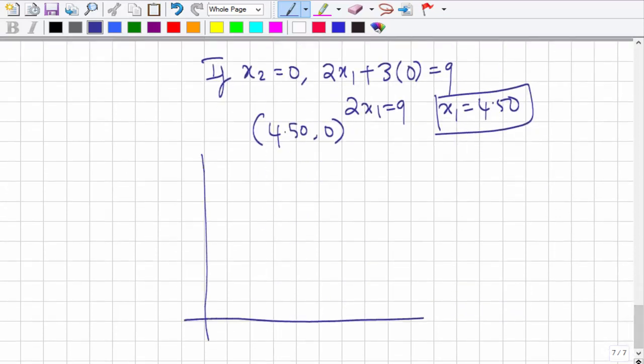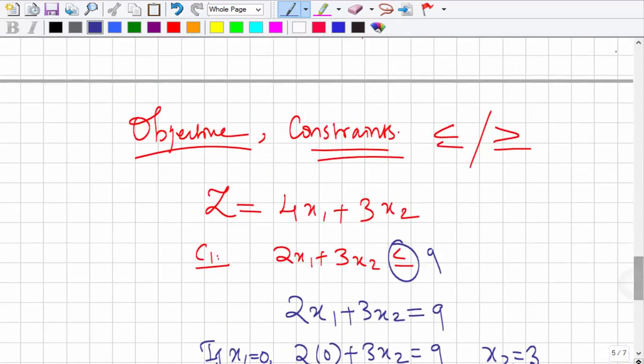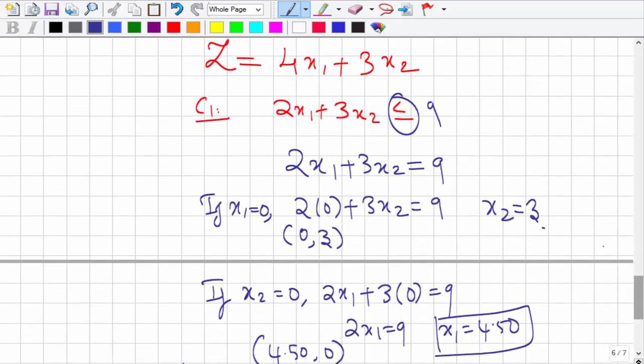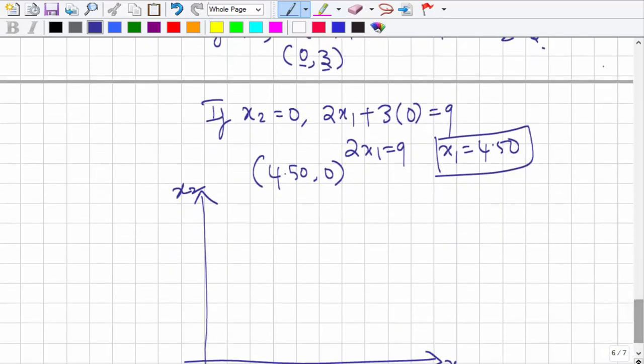Now I am drawing a graph. Traditionally we'll call the vertical line the y-axis and the horizontal line the x-axis. Now I'm going to call this x1, and in the place of y I'll call this x2. What are the points we had? Basically we had 2 points: when x1 is 0, x2 is 3, and when x1 is 4.5, x2 is 0.